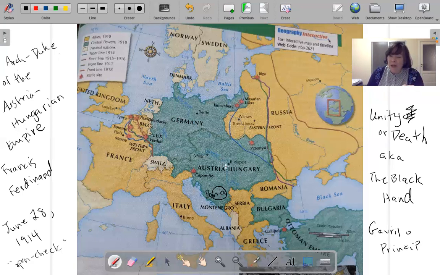Austria-Hungary was angry. Germany, who's their buddy, said, you can do anything at all that you want to do to Serbia, and we will back you up. Austria-Hungary gave Serbia this list of demands. These are things you have to do to make things okay with us. Serbia didn't do them all. And then Austria-Hungary declared war on Serbia.